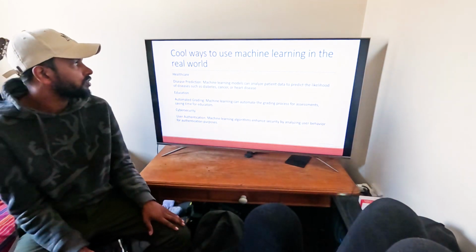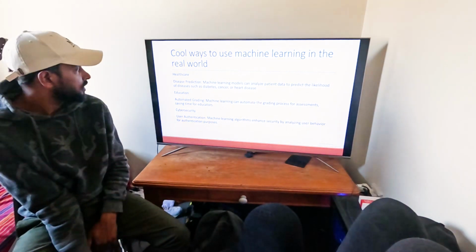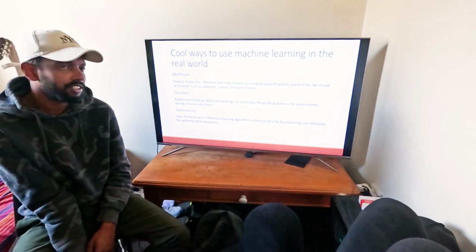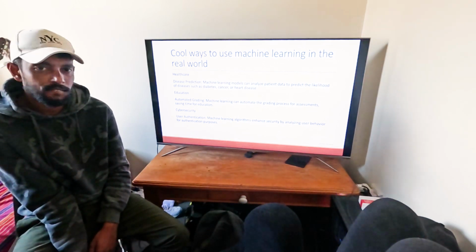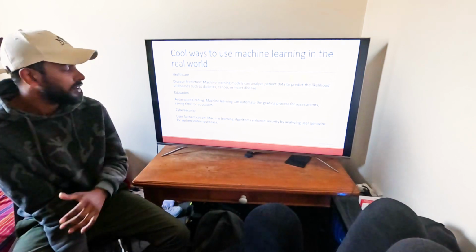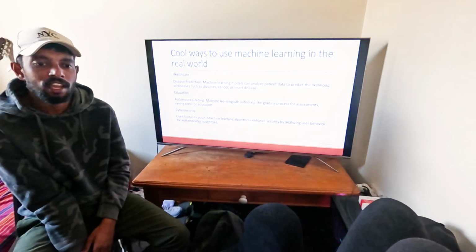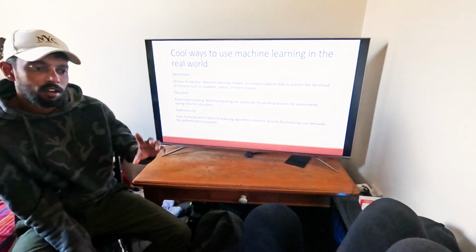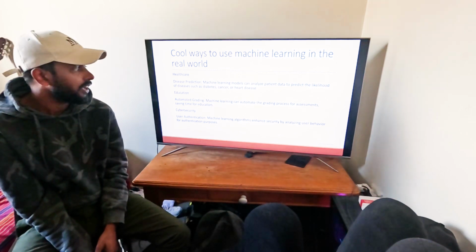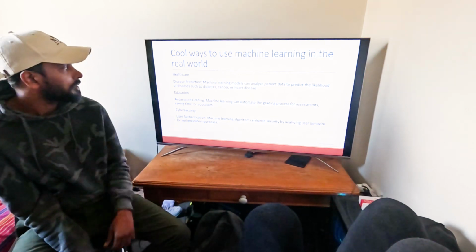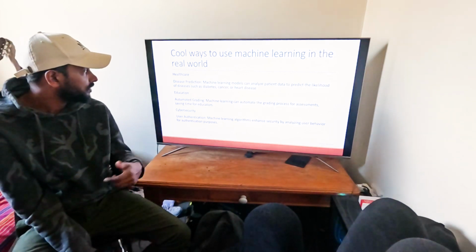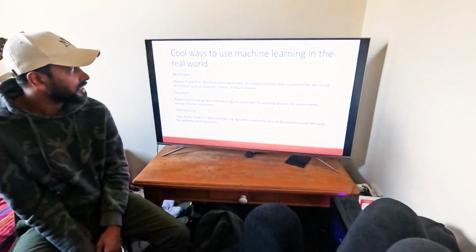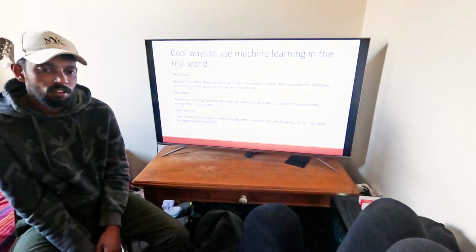And the cool ways to use machine learning in the real world: healthcare, disease prediction. Recently we have lots of tools for disease prediction. We have tools to predict cancer cells, and not only that, machine learning models can analyze patient data to predict the likelihood of diseases such as diabetes, cancer, or heart disease.